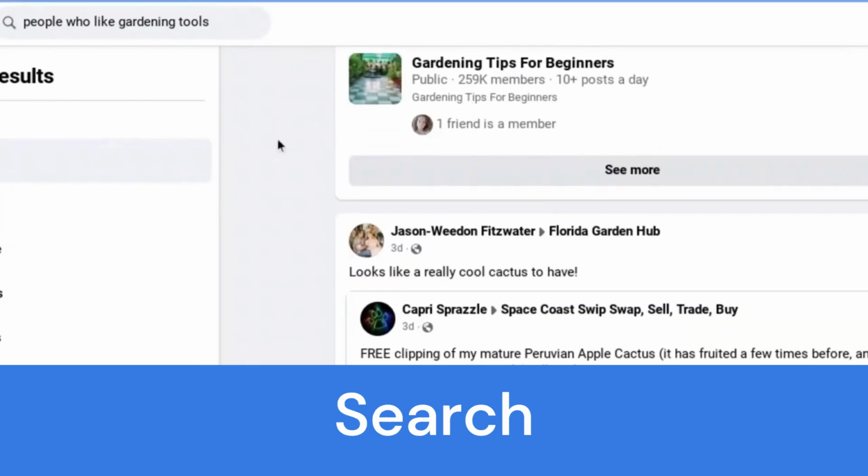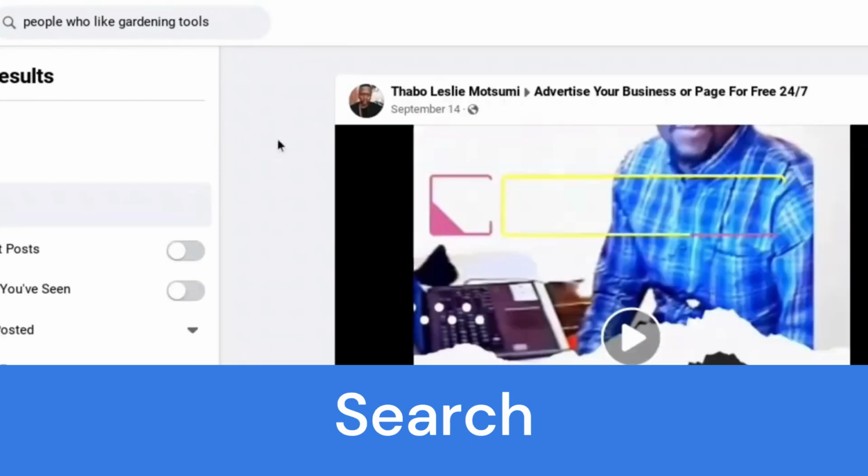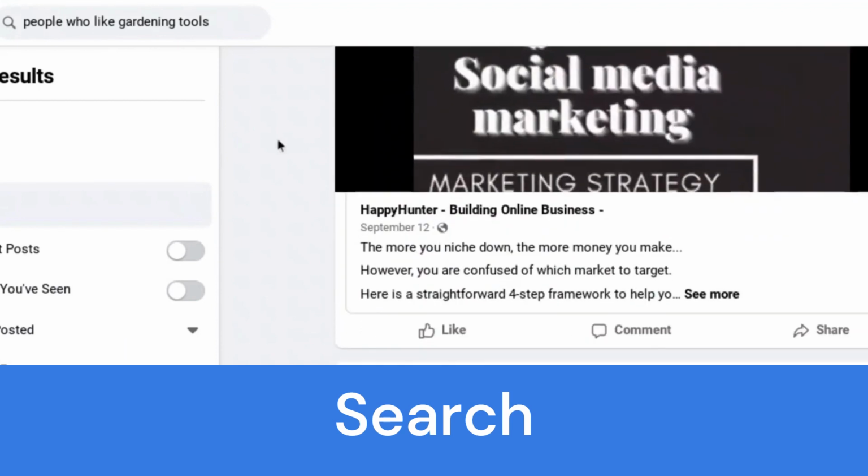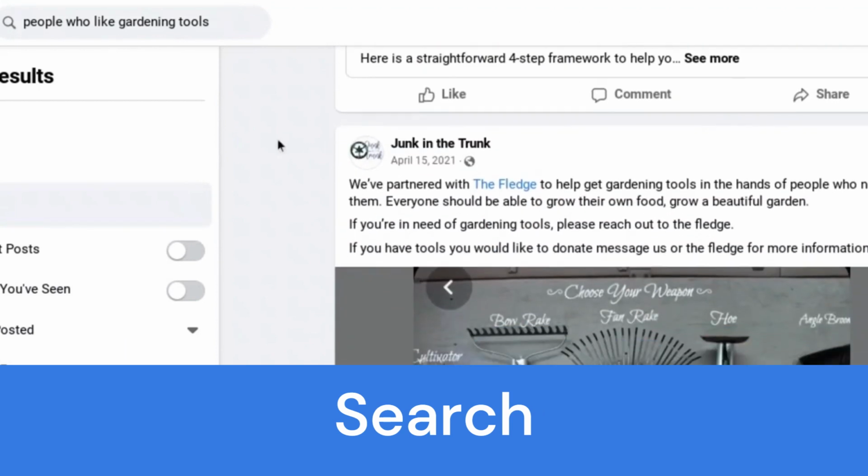So you can type in people who like gardening, and it'll give you a bunch of other suggestions once you type it into the graph search, right? If you understand the power behind the graph search, you will utilize it and put yourself in front of people who are more likely to say yes and buy.